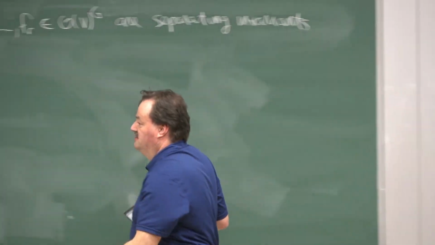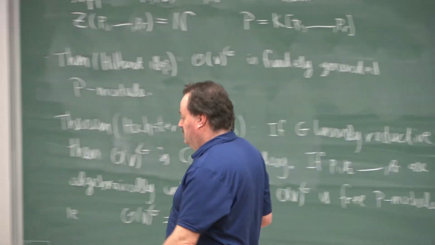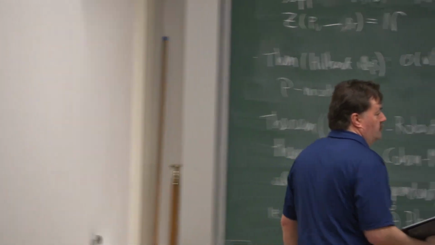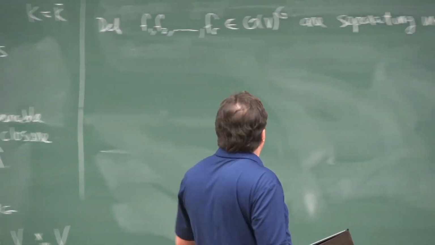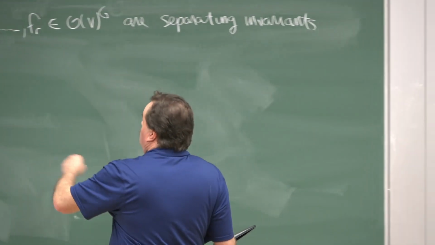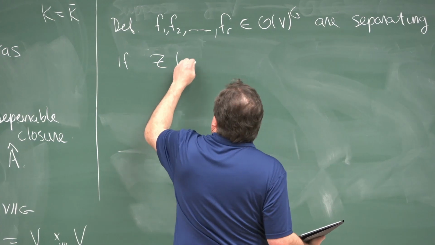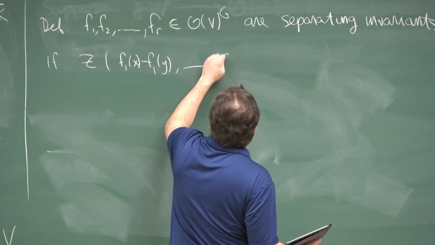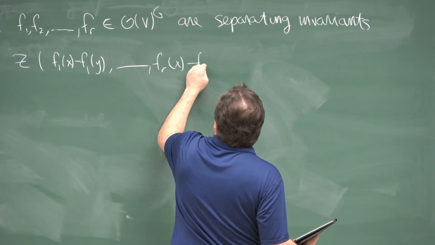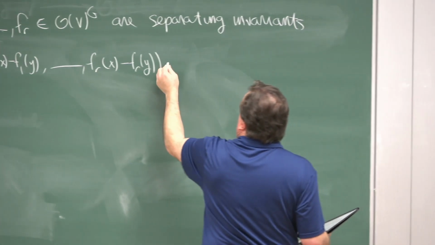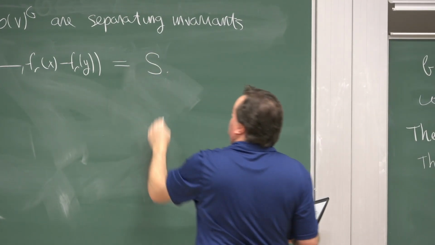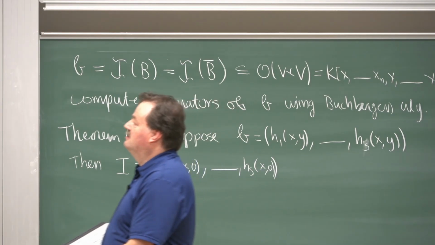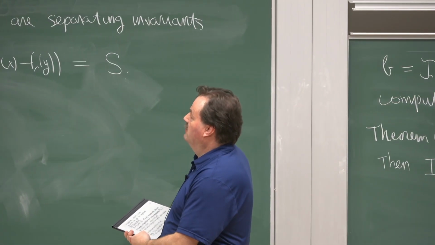I mean, you can also define this for an action of an arbitrary group, if the zero set of f1(x) minus f1(y), etc., fr(x) minus fr(y), if the zero set of that is equal to the set S. So that means that these invariants can separate orbits exactly when all invariants can separate them.